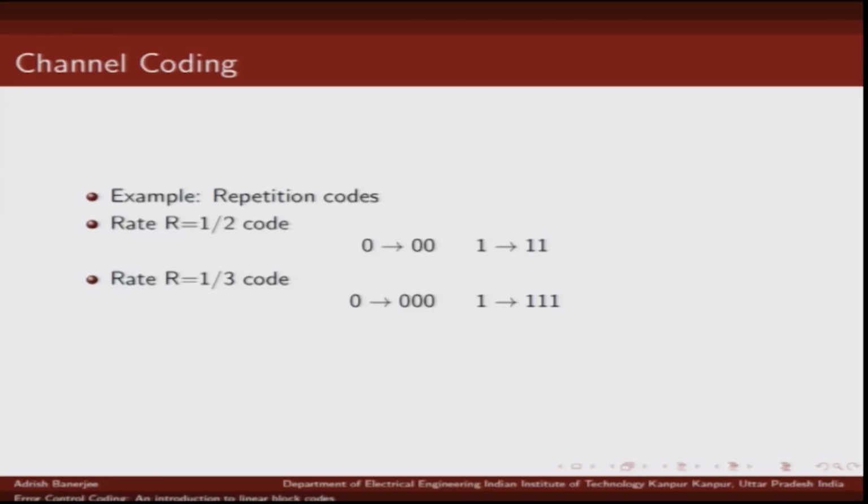So in the rate 1/2 case we are adding one additional redundant bit, and in the rate 1/3 case we are adding two additional redundant bits. How we make use of these redundant bits for error correction and detection will be explained in the next slide.